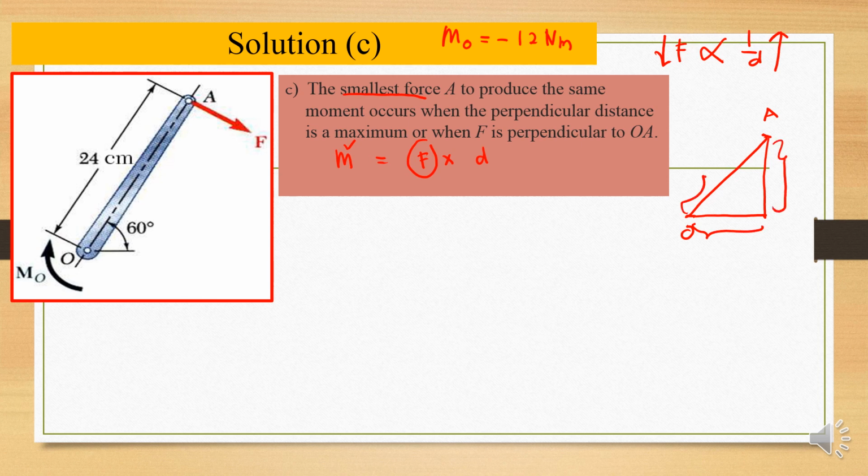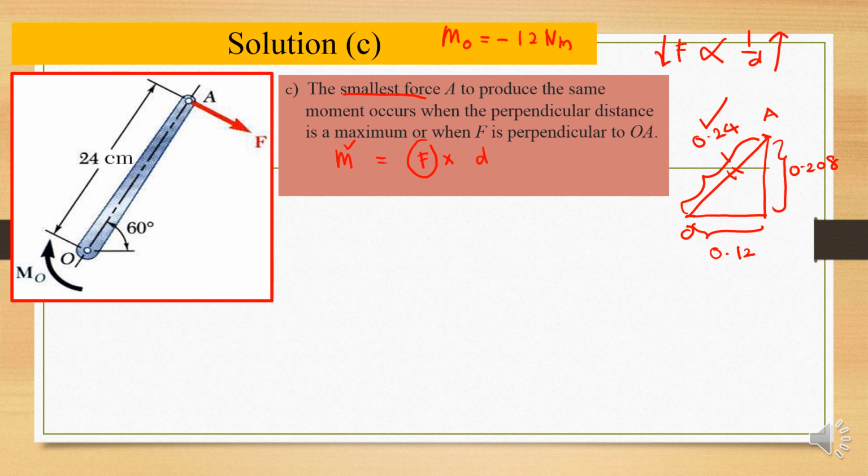To make the perpendicular distance the highest, we should choose this distance. In fact, if we look at question A and B, the distance for A is 0.12 and this one is 0.208, which we got from question B, and this one is 0.24. So of course with the maximum value of D, we will get the minimum value of F.